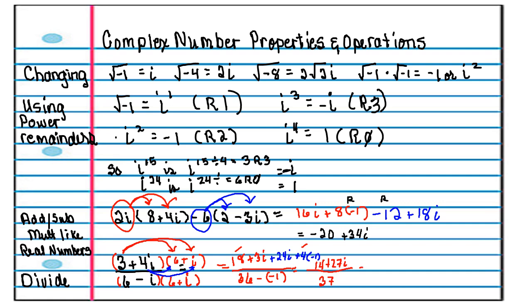And the way you would see this is real stuff up front and imaginary stuff at the back. And since they're fractions, you simplify appropriately. So it just follows real number operations.